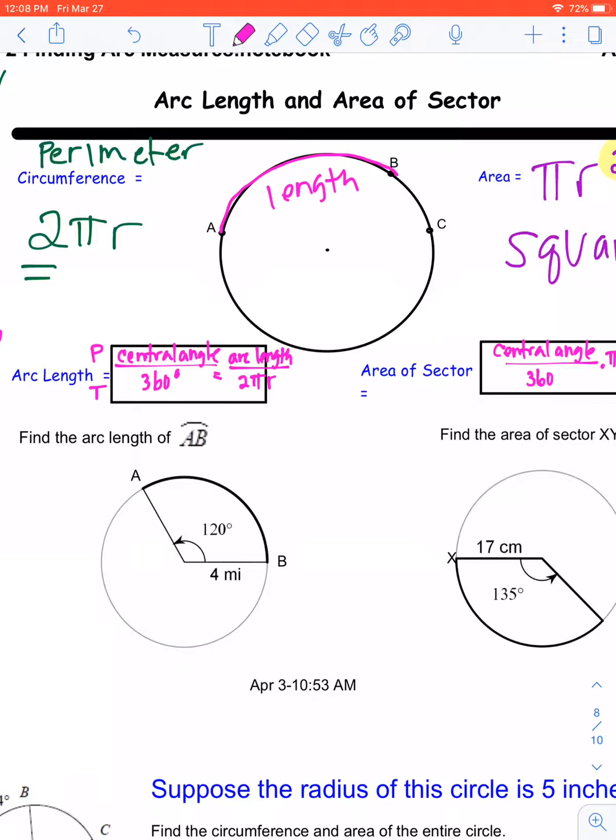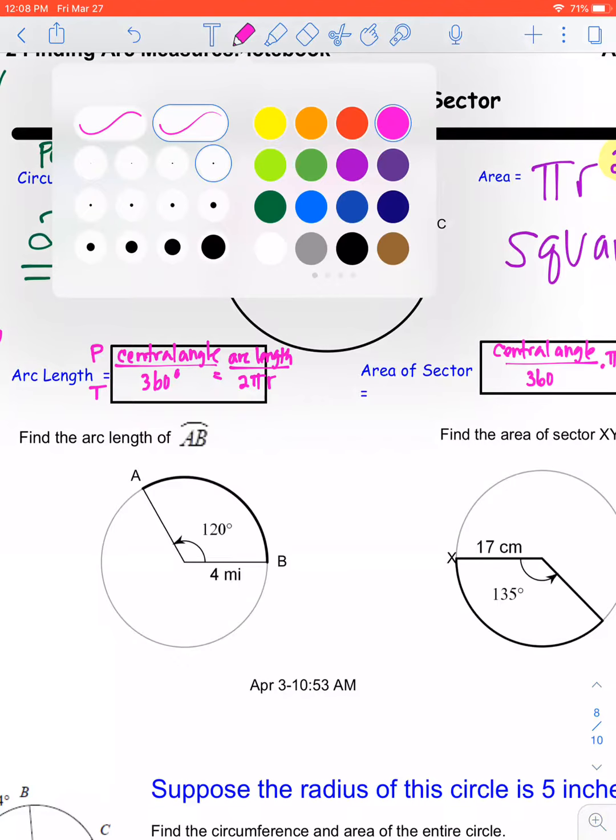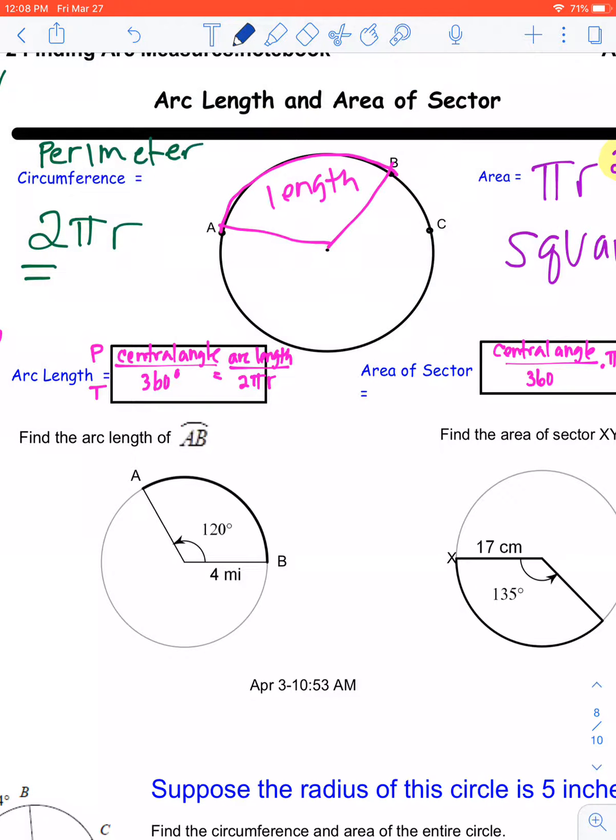So what do area of a sector and arc length mean? Well, if I talk about this piece or part of the circle, your arc length is the distance in inches or centimeters or miles or whatever the problem is between A and B. Your area of a sector is how many square units can fit inside of that.